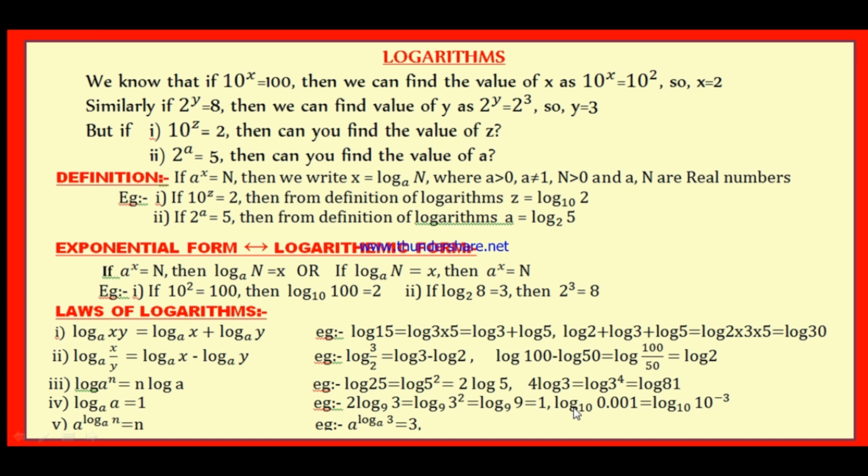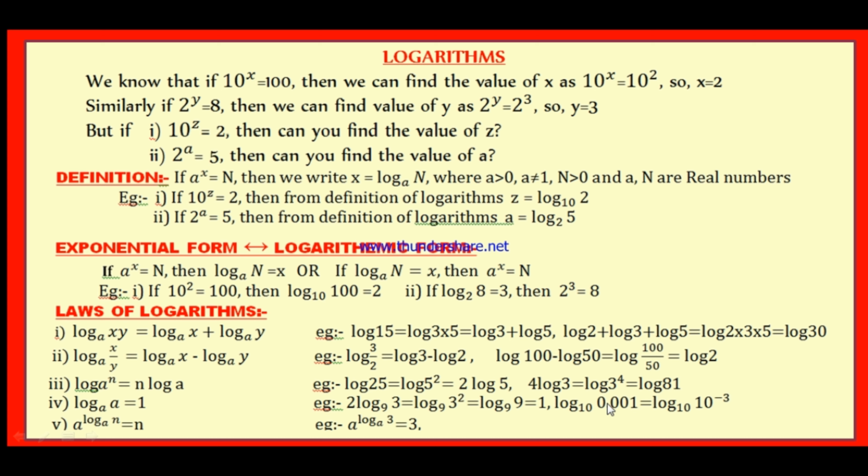And another example, log 0.001 to the base 10. You can write this 0.001 as log 10 power minus 3 to the base 10. 10 power minus 3 is nothing but minus 3 log 10 to the base 10, and whose simplified value is minus 3. Here it is not mentioned, but please note down that log 10 power minus 3 to the base 10 is minus 3 log 10 to the base 10, which is equal to minus 3.